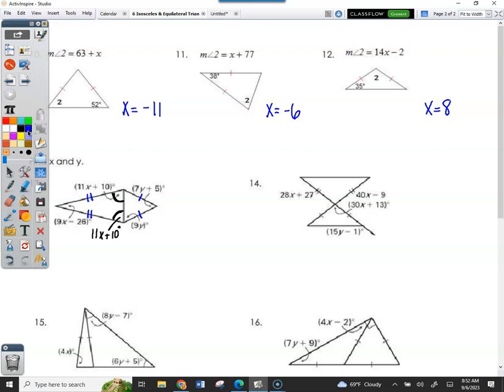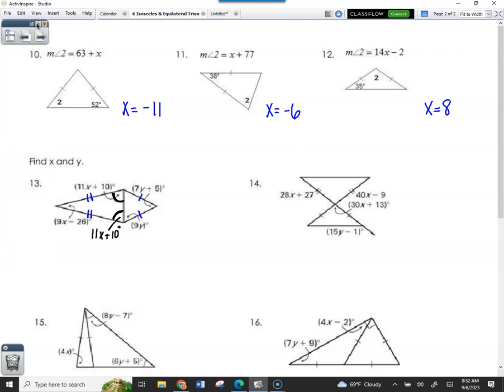You can add them all, and I encourage that. What do you notice about these two? They're the same. So instead of adding it to itself, I could just multiply it by 2.